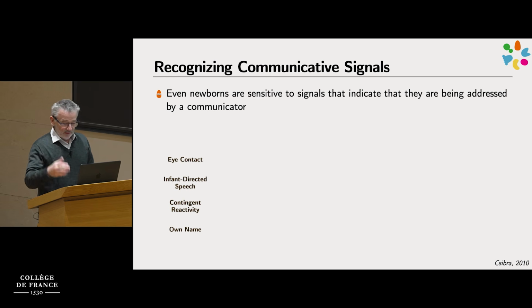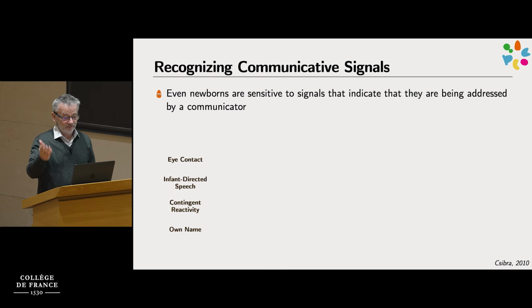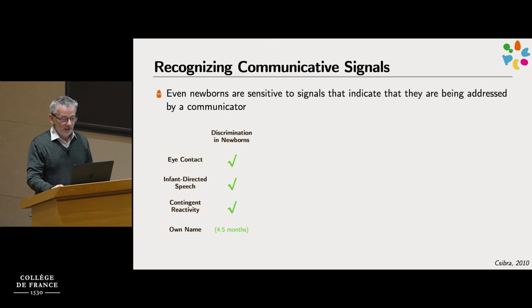Contingent reactivity. Someone contingently reacts to whatever they do. That could also be an indication that they are being addressed. And of course, your own name. Most of the times that you hear your own name, it's not used as referring to you, but as a vocative, practically addressing you.